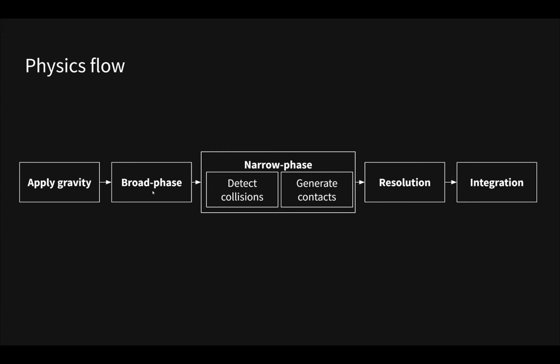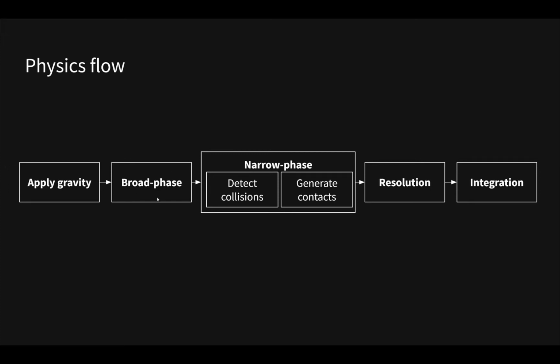So we're trying to find objects that are close to each other, close enough that they might be colliding. We don't know yet because we don't want to go through the overhead of calculating the exact collision detection. This is just a preliminary stage where we make sure that we don't check for collisions between objects that are super far away, right? So only objects that are close to each other.